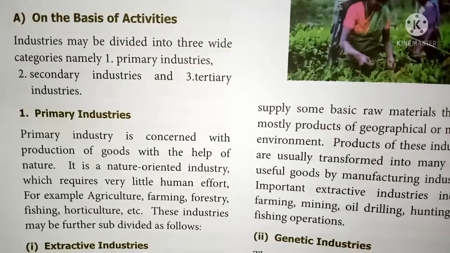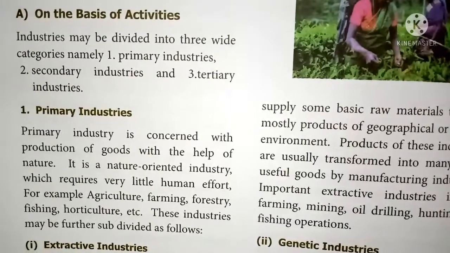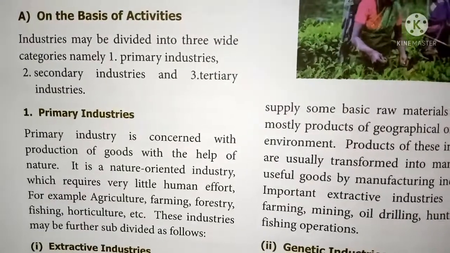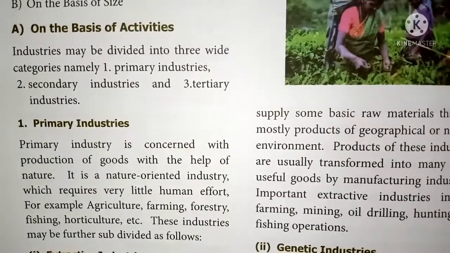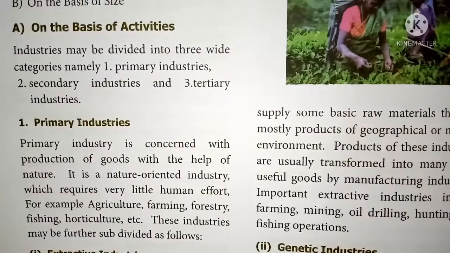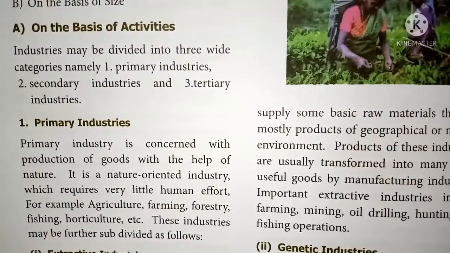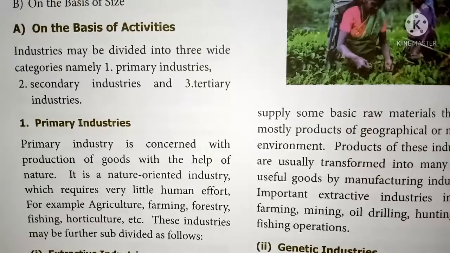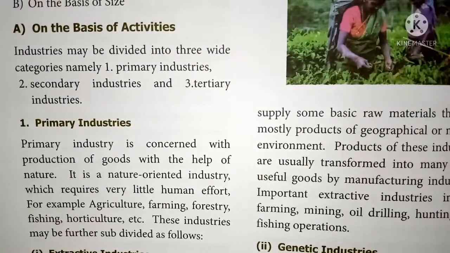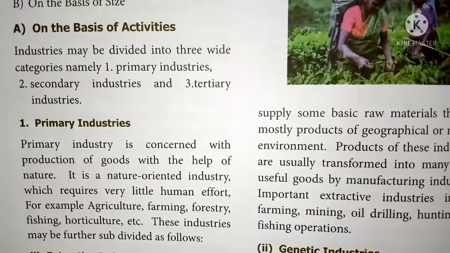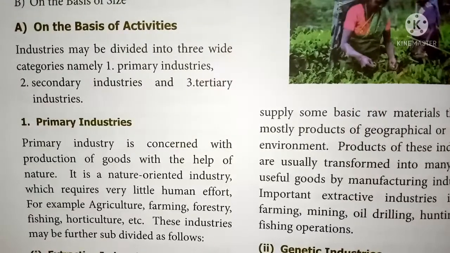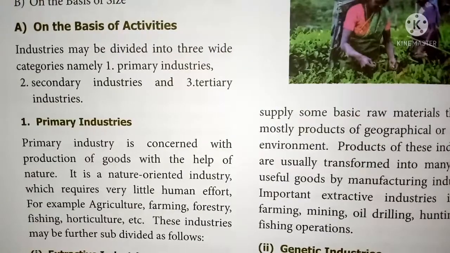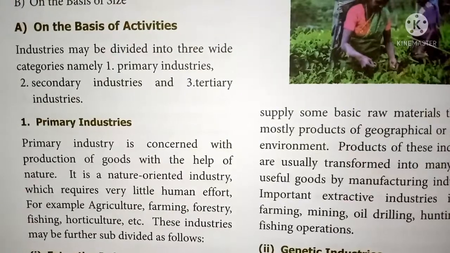Primary industry is concerned with the production of goods with the help of nature. Based on the natural resources available in the country, this type of industry runs. For example, agriculture, farming, forestry, fishing are some examples of primary industry.